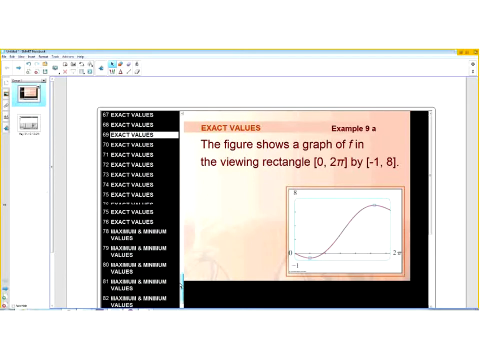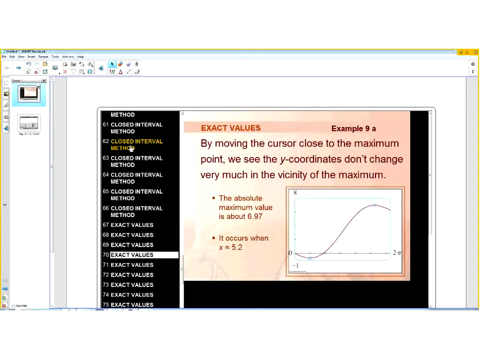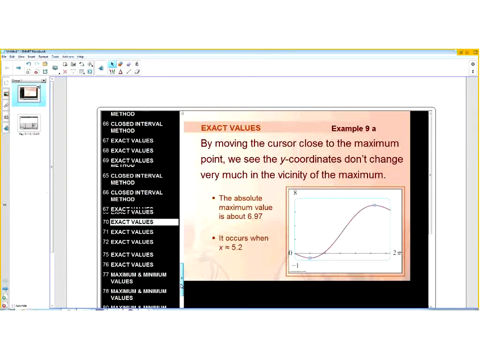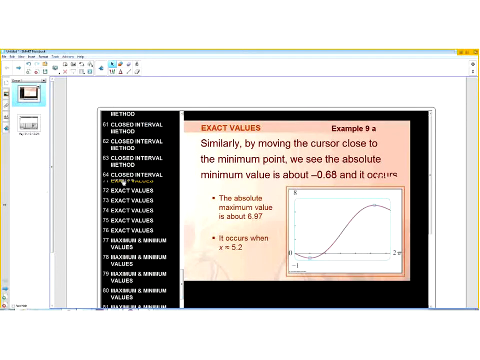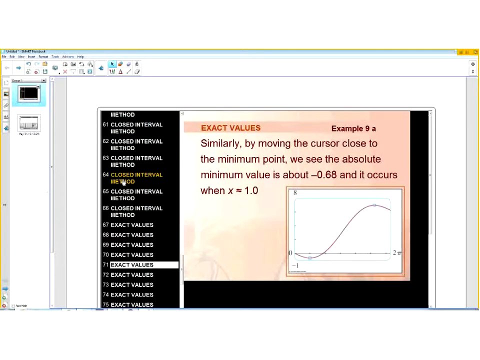So there's the author's sketch, and let's see what he came up with. He came up with 6.97 and x equals 5.2. And we said 5 pi over 3. So those are his results from the graphical extraction. And then his local minimum, same as ours.